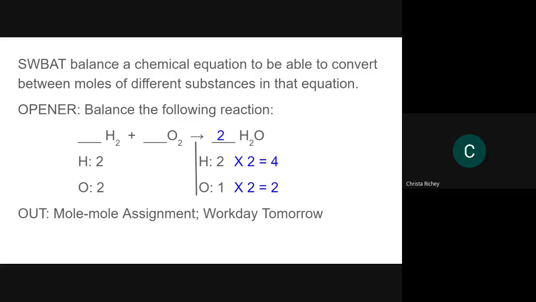So originally we were okay, but now we have 4 on the right, but we only have 2 on the left. So we have to multiply the left-hand side by 2. I'm so sorry if any of you are colorblind. But on the left, we're going to multiply the hydrogen gas by 2 to make 4. Doesn't affect anything else. So what would be the missing value? 1.